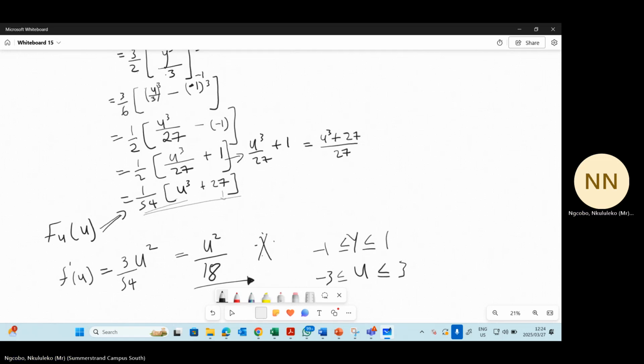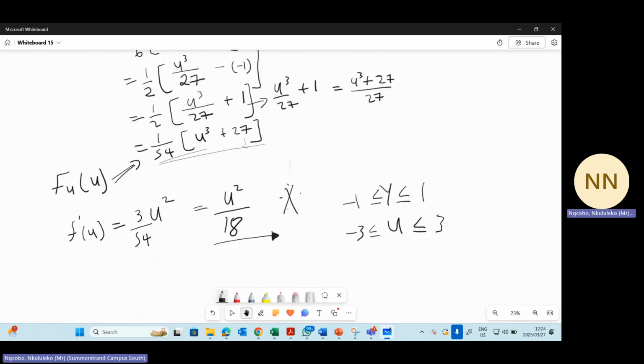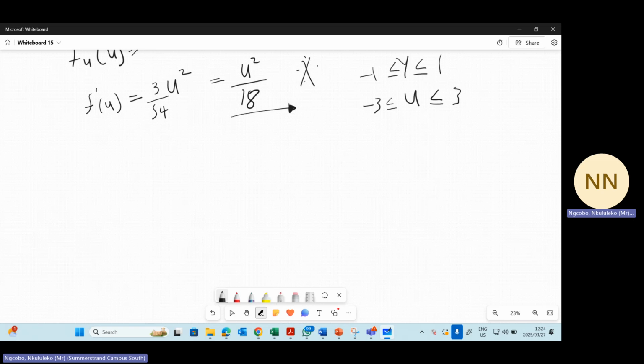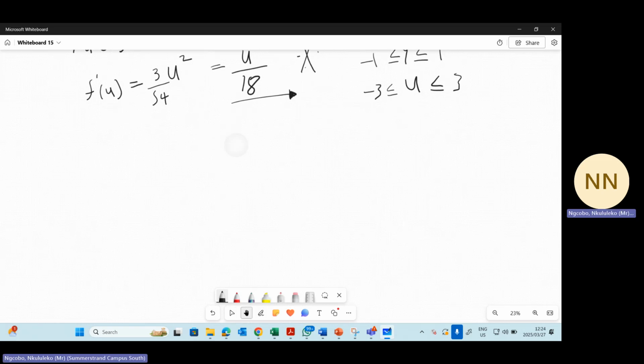Now, this is one way of doing this. Another way of doing this, because you're given a density function of y, right?